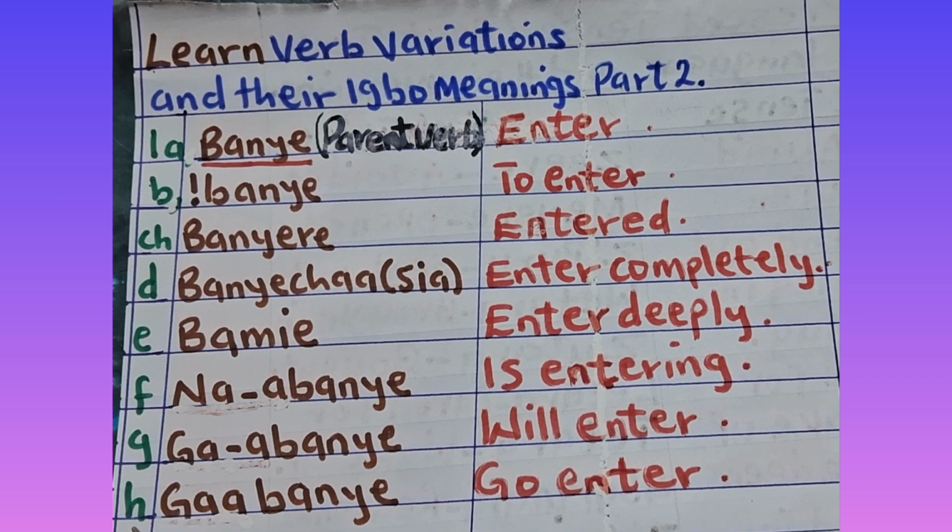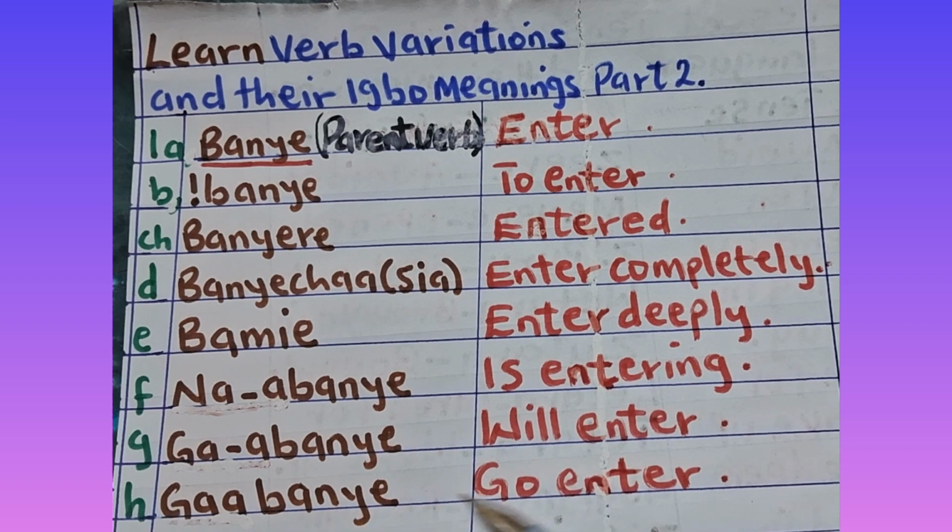Number he, that is number H. We call H he in Igbo. Ga banye, meaning go enter. When you hear ga, it is different from ga a. This one is ga. It has only one a, but when you hear ga a, the one that has double a, it is a command.